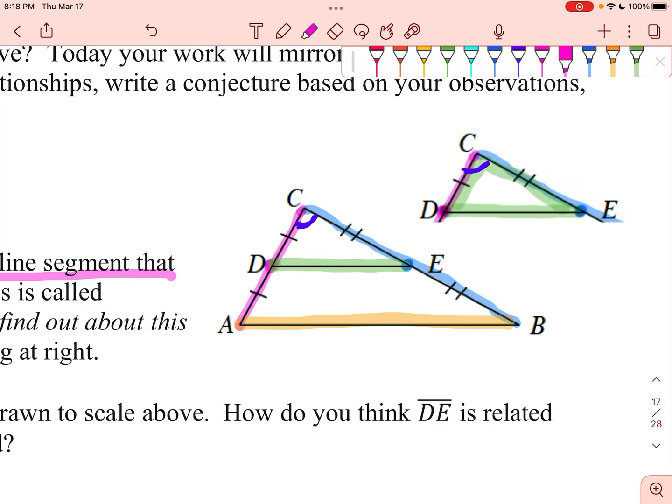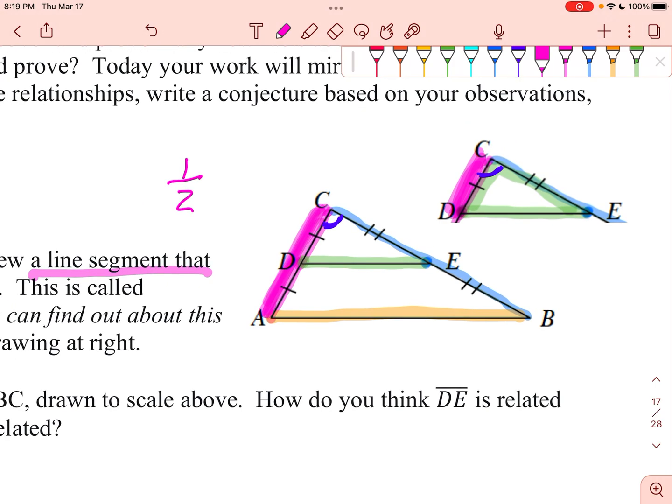So on my pink sides, it looks like one of these pink tick marks and two of these pink tick marks. So if I look at the actual ratio, it's a 1-to-2 ratio. I'm going to do the same thing for the blue sides. Again, I have one side with two tick marks, and here I have two sides with two tick marks.